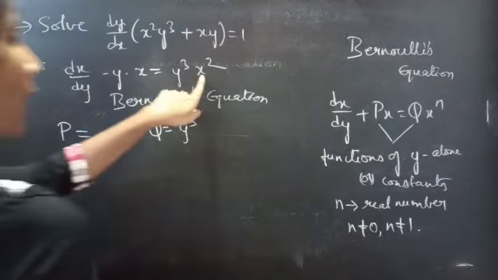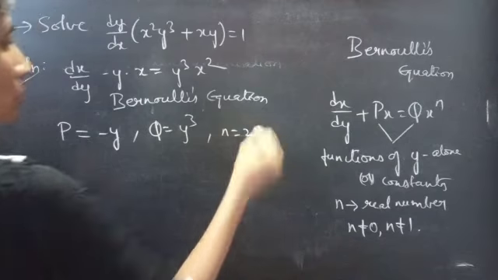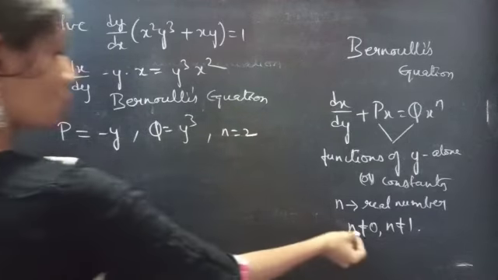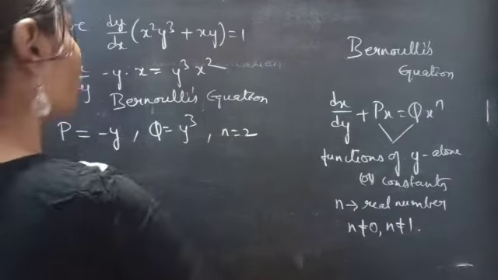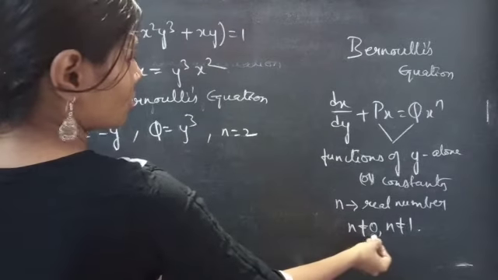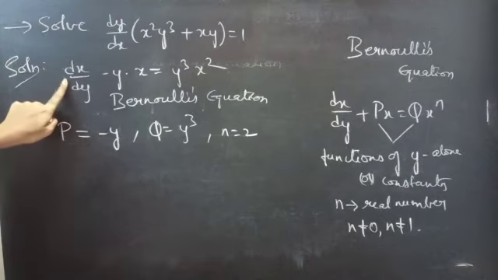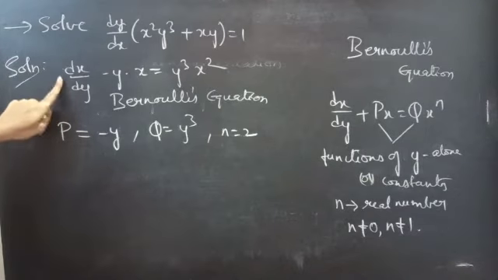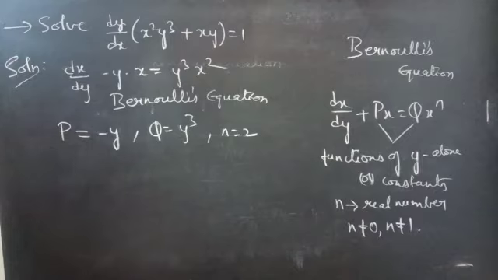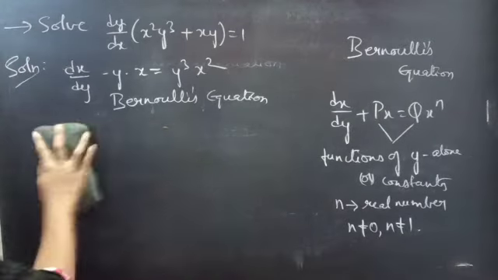Now, compare x square with x power n, then you'll get n equals to 2, which is a real number, right? Here n is neither 0 nor 1, right? So, this is a Bernoulli's equation in x and y. So, we have reduced the given equation to Bernoulli's equation.